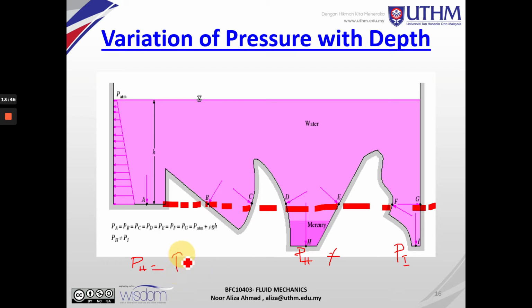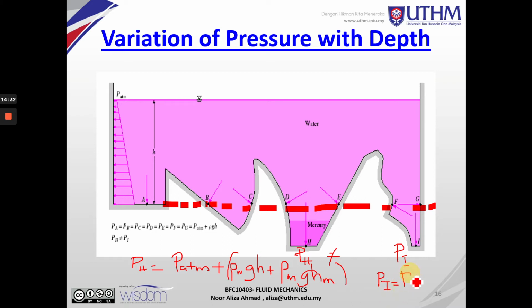PH is P atm plus the density of water times g times h water, plus rho mercury times g times h mercury.